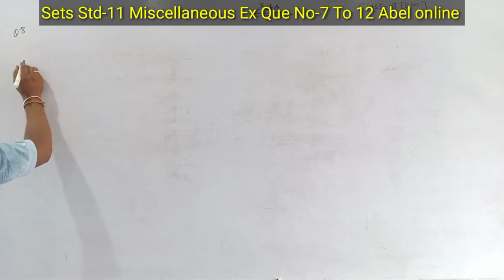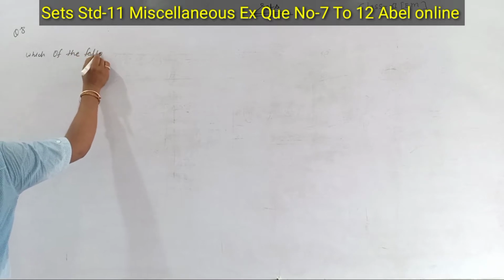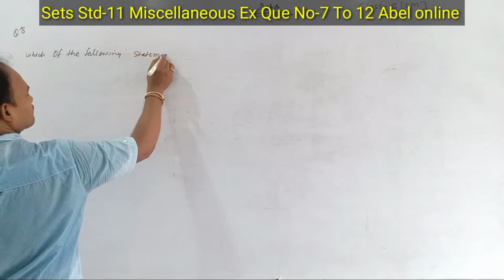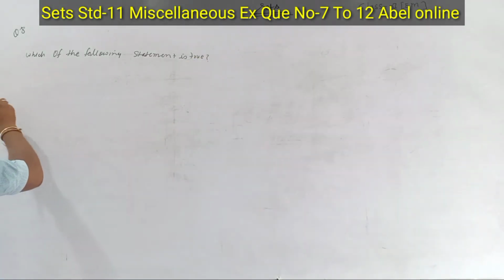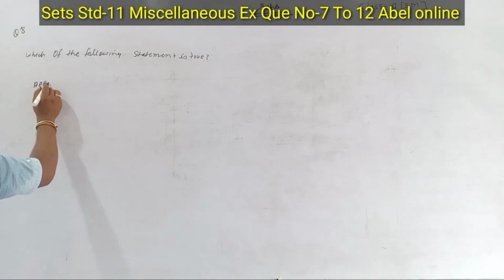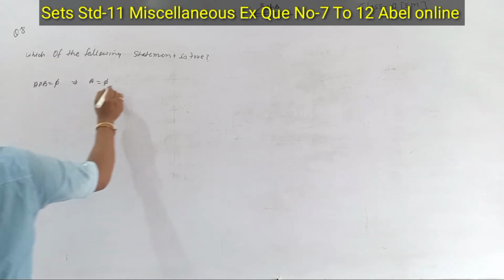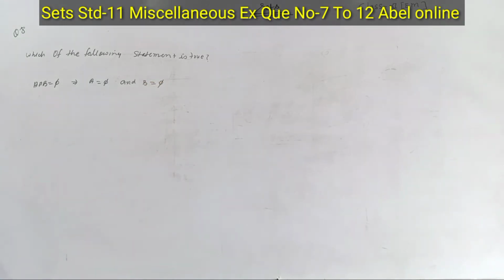Which of the following statements is true? First: A minus B, A intersection B equal phi, A equal phi and B equal phi.